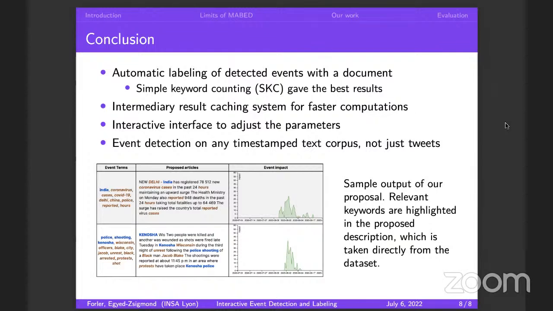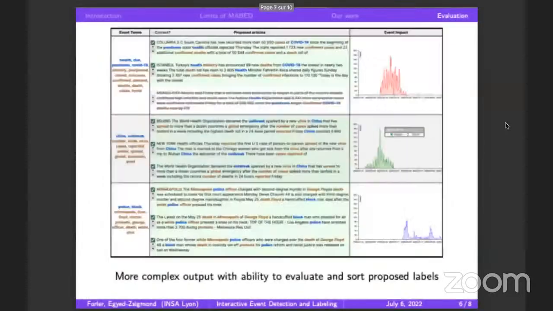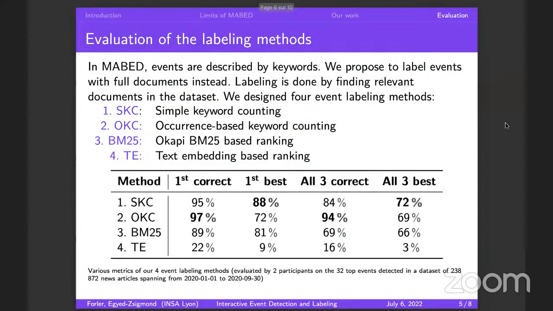Thank you. It's a surprise to see that the simple keywords is just working the best. Do you have an explanation? Yeah, so I don't know exactly. We see that the first three ones gave pretty correct results.